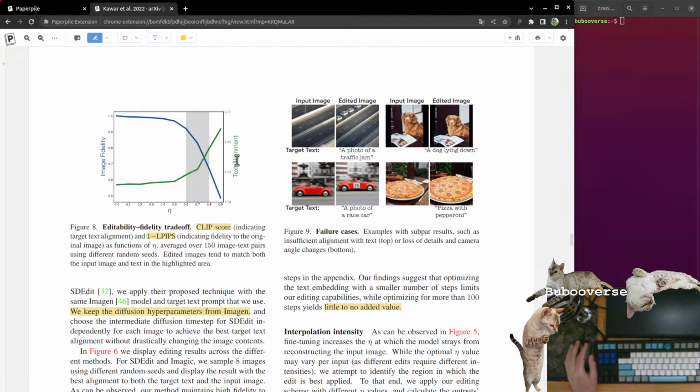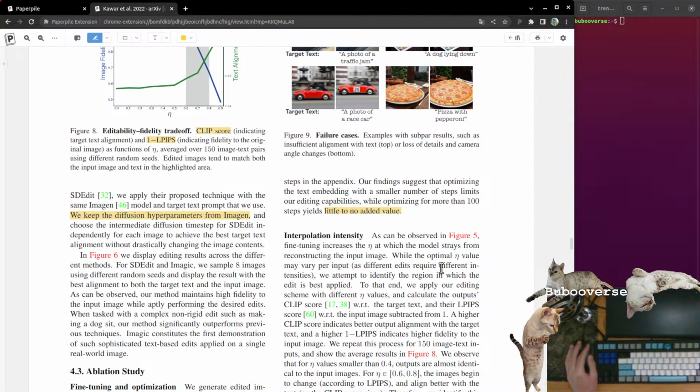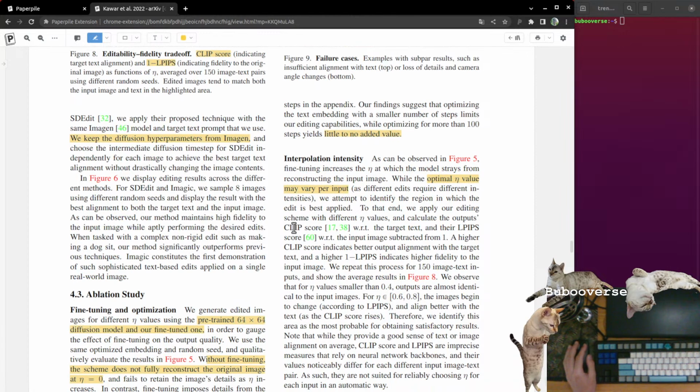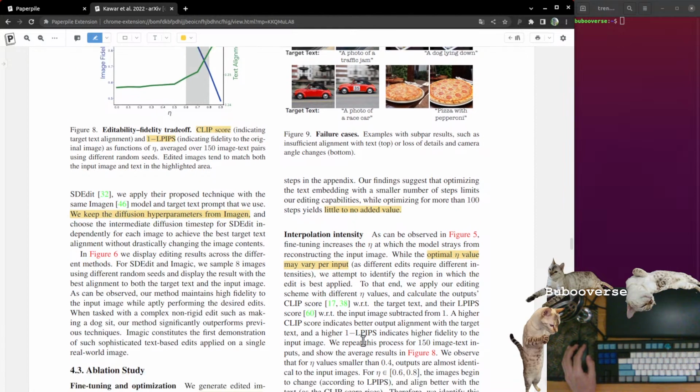Interpolation intensity, right, so how are they picking this n? Optimal n may vary per input. Right. So this is the graph that we were looking at up there.